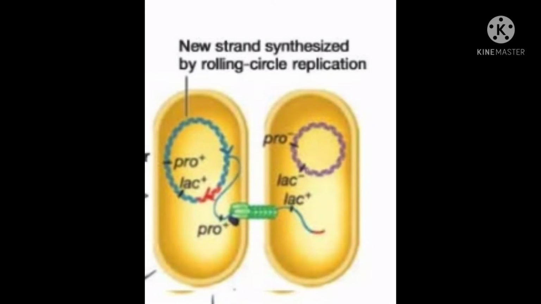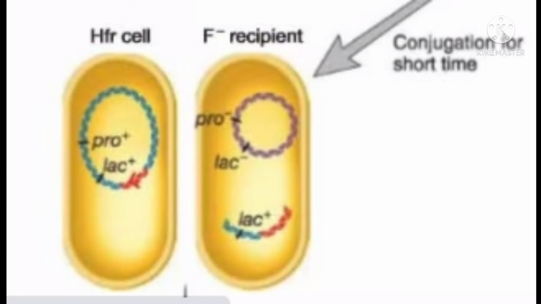Here you can see that the lac plus gene from the Hfr main chromosome, along with the F plasmid, has already reached the F minus cell. The conjugation tube remains only for a few minutes, so it will break, and the time of breakage varies. Here, immediately after the transfer of the lac plus gene into the F minus cell, the conjugation tube breaks.